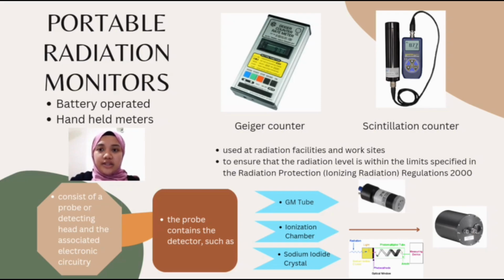Portable radiation monitors usually consist of a probe or detecting head and the associated electronic circuitry. The probe contains detectors such as a GM tube, ionization chamber, and sodium iodide crystal.